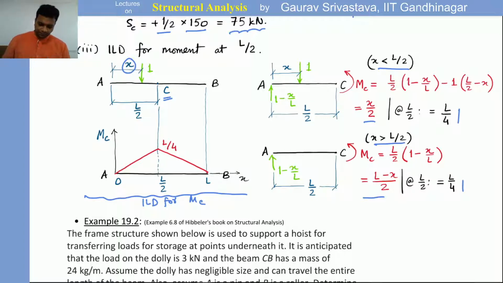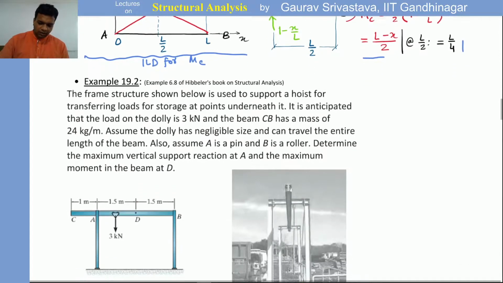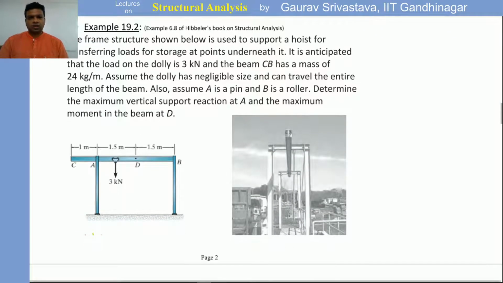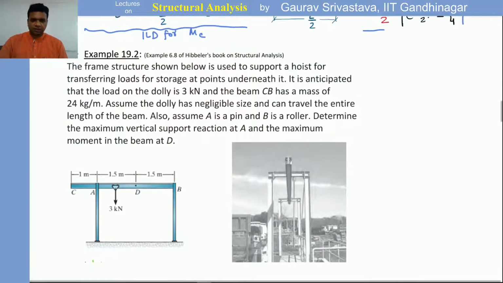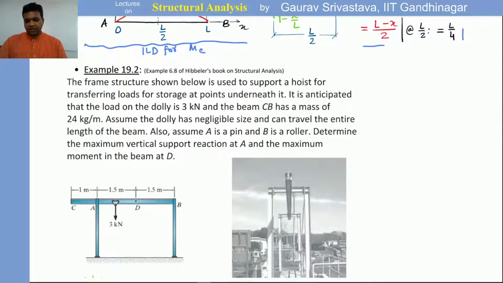Okay. Let's look at a more realistic example. So this is a gantry frame or a gantry girder. This is an arrangement which is used in laboratories or large sheds or industries, to transfer heavy loads from one location to another within a particular shed.